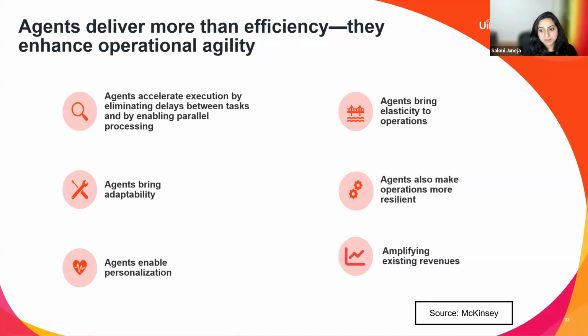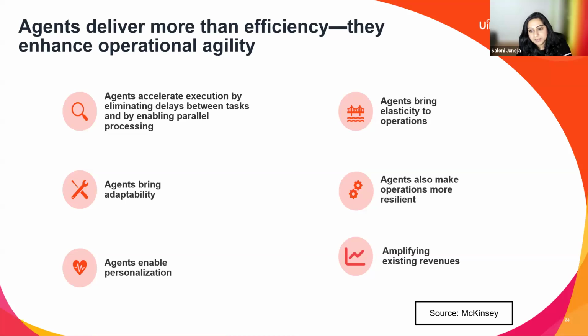So these are another couple of examples that we would like to utilize in all the processes that we are seeing. And these agents also bring elasticity, because these agents are digital, they are working in a real time environment. Their execution capacity can also expand. So there are times when you will have a surge in your process.